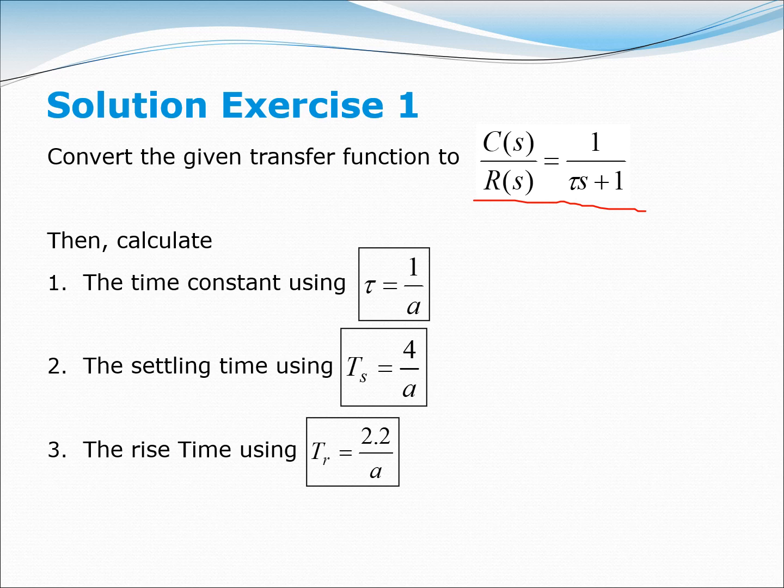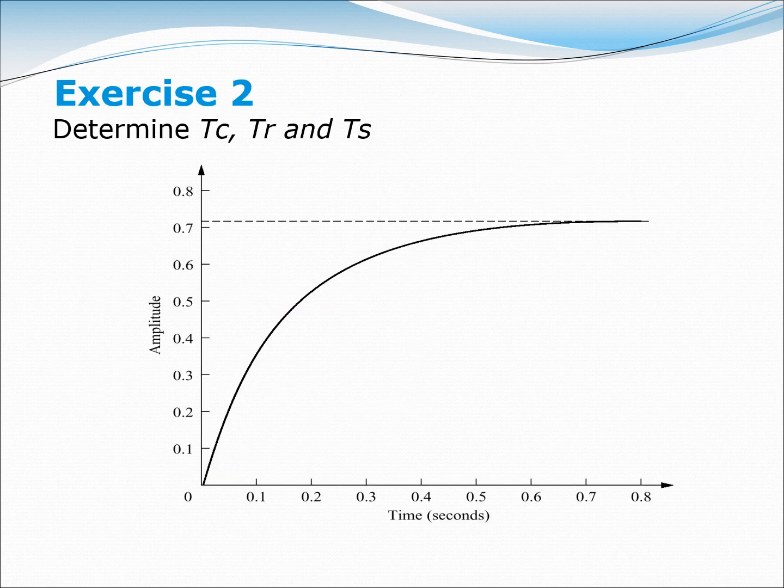After you know a equals 50, you can calculate the time constant: tau is 1 over 50. Next you can calculate Ts, so Ts equals 4 over 50. Then you can calculate the rise time, where Tr equals 2.2 over 50. I think that's all for the first order system.